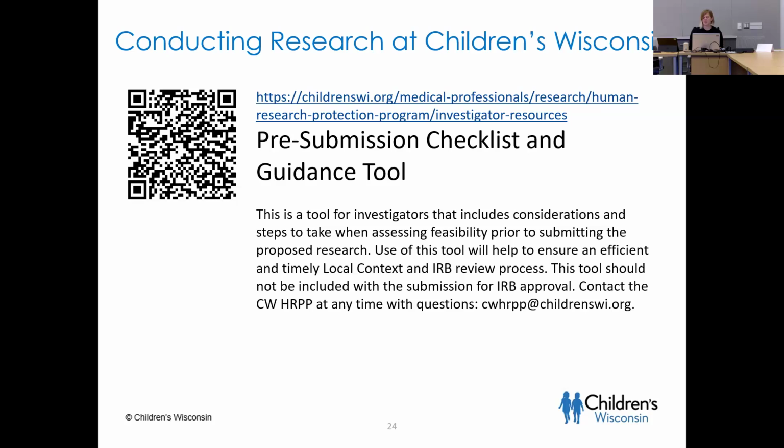It's a tool for investigators that includes considerations and steps when assessing feasibility prior to submitting the proposed research. It states that using this tool will help ensure an efficient and timely local context and IRB review process. This tool should not be included with the submission for the IRB approval, however. And then here is the CWHRPP email address.